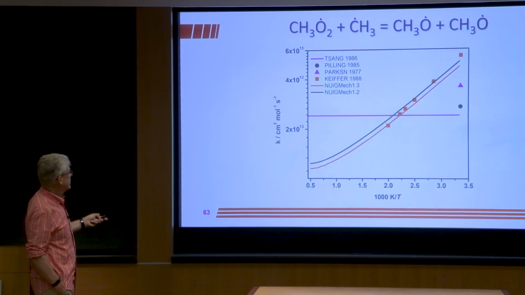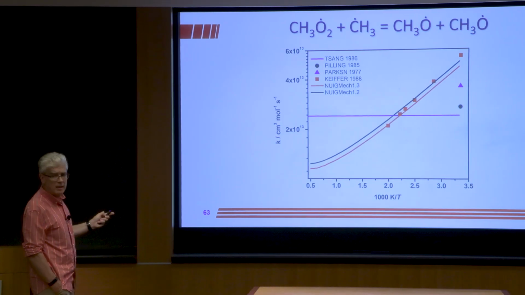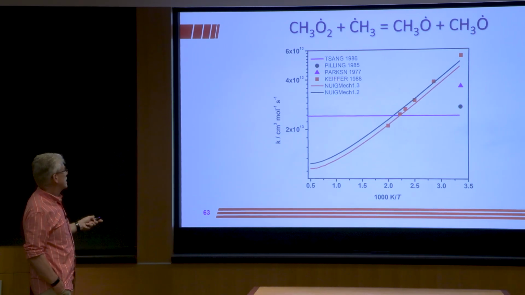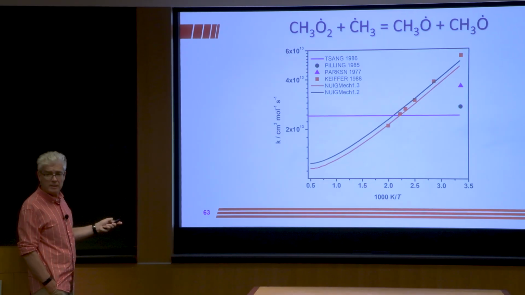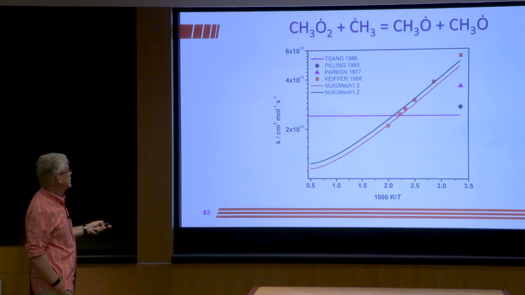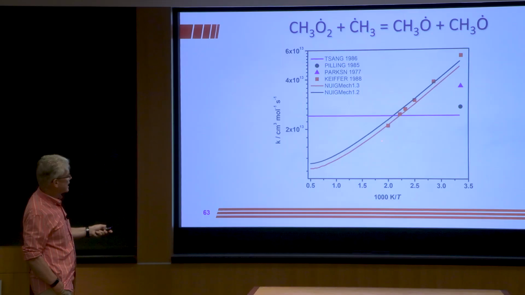Okay, so where are we getting this rate constant from? You can see here that there were some measurements of this reaction giving 2-methoxy radicals from 1988. And here, the Pilling fit is a little bit fast. Actually, at low temperature, it matches well, but at high temperature, it tends to be a little bit fast. So what we've done is we've refit, and we're fitting to the higher temperature one.